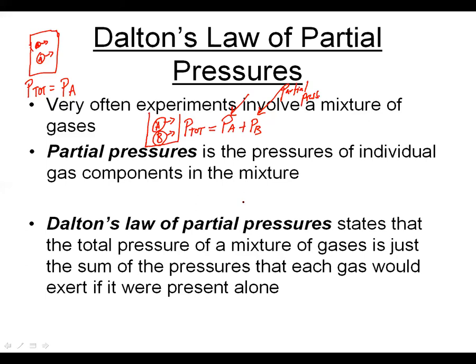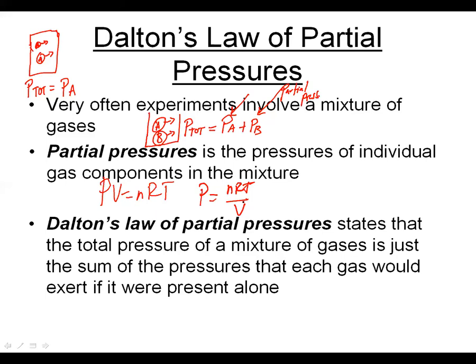Here we would solve for P, which is nRT divided by V, and we would solve for P for each gas individually. Although they are flying around in the same container, one of the ideas of the ideal gas situation is that although there are different gases flying around in the same container, they pretty much have no effect on each other.